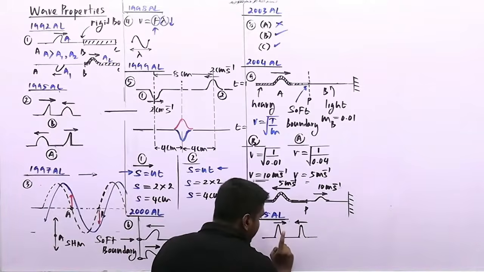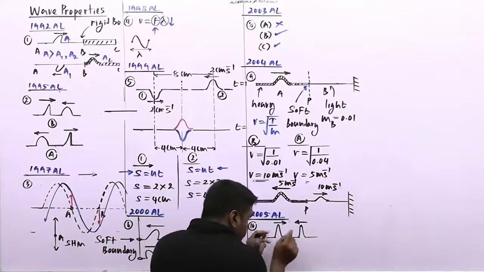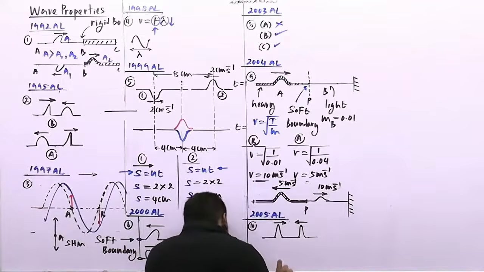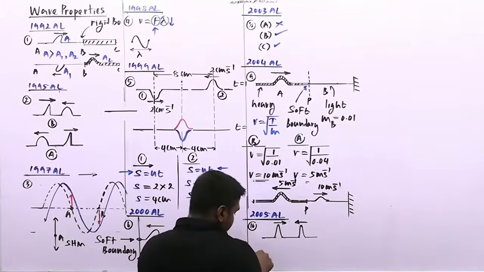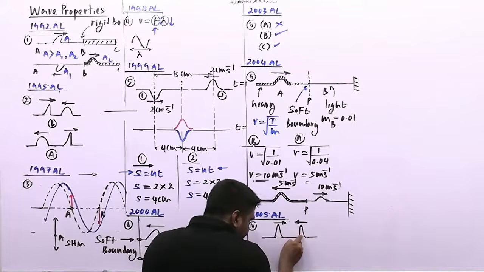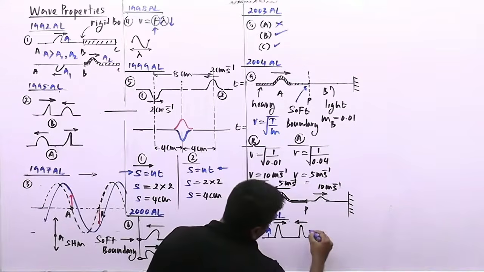Then, at the moment both pulses superimpose on each other, what can you say about the amplitude of the resultant pulse? Twice the amplitude of each pulse. Say the amplitude of each pulse is capital E. Both have the same amplitude E before the superposition.